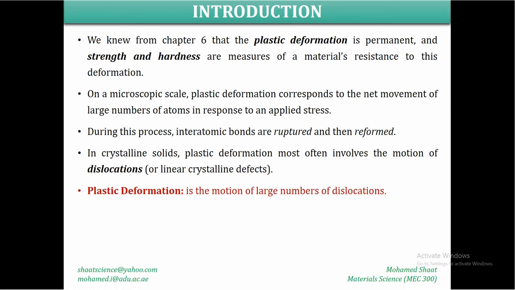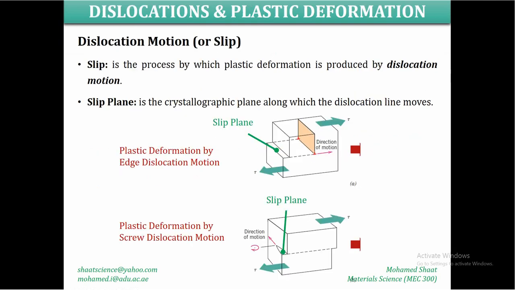Over the previous chapter or video, we discussed the plastic deformation and how it could be related to the dislocation motion. And we said that in order to achieve plastic deformation inside the material microstructure, there should be a dislocation that is moved. We described the motion of the dislocation by two things.